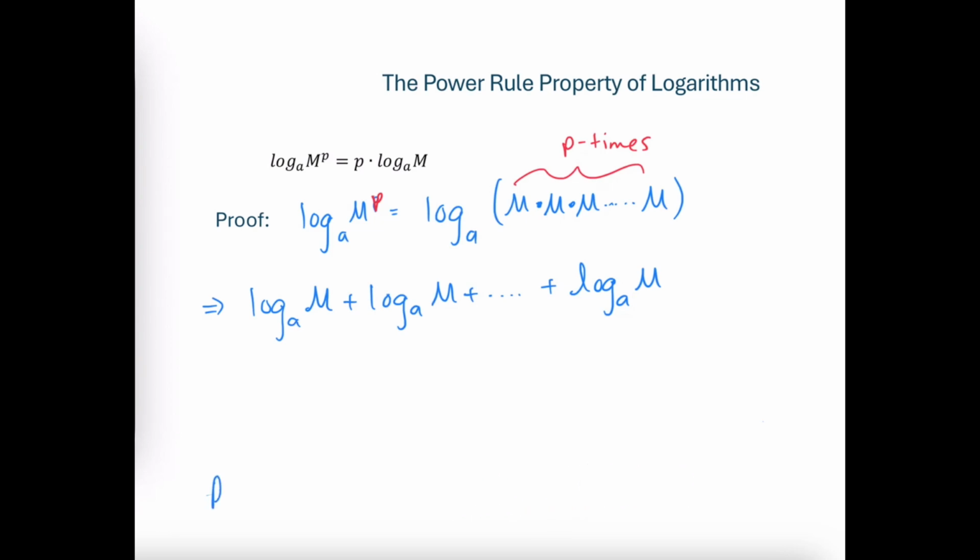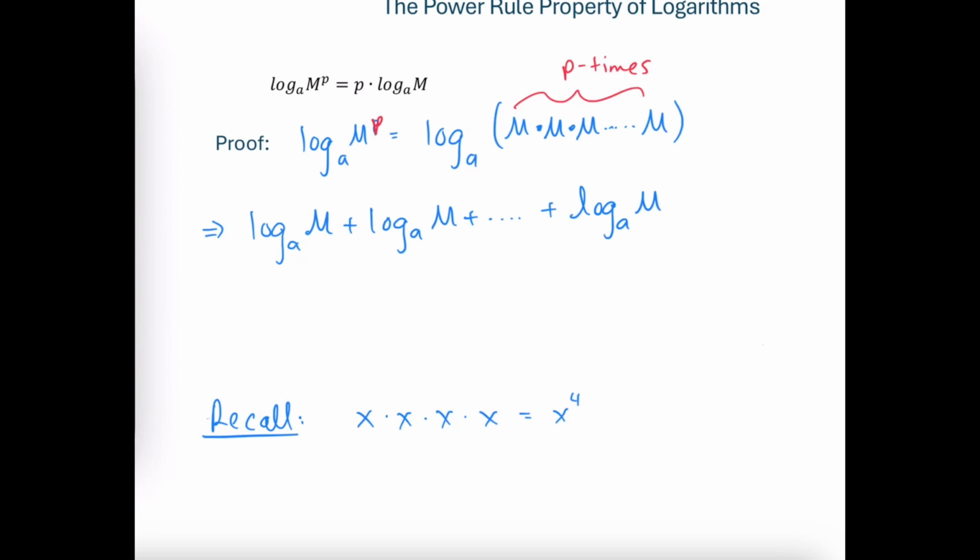And let's recall also for a moment that if we have x times x times x times x, that's going to be x raised to the fourth power. But if I have x plus x plus x plus x, that's going to be 4 times x.